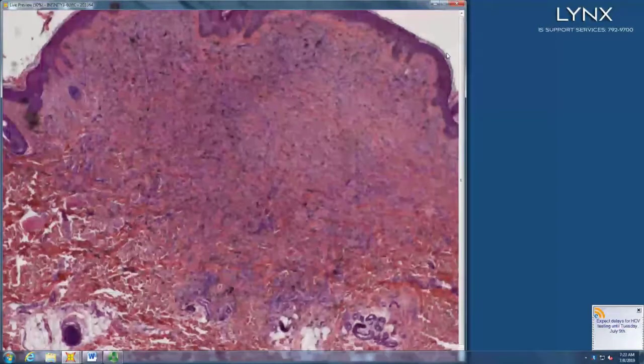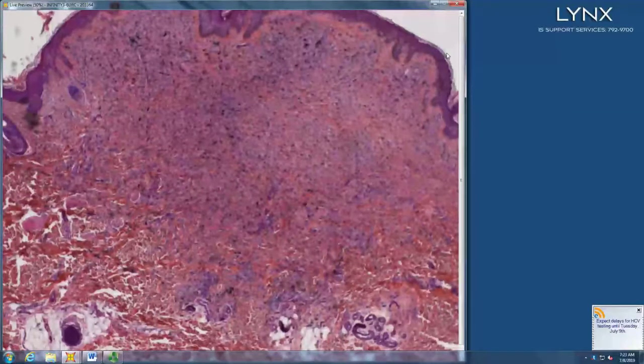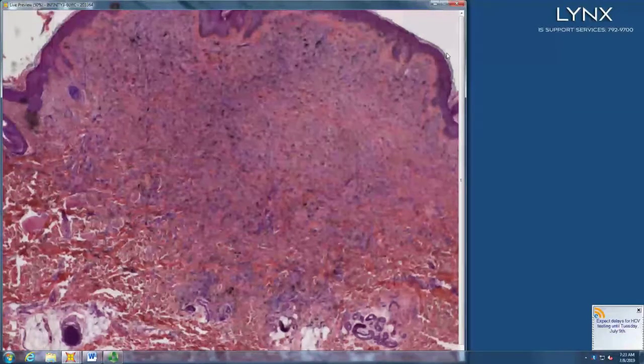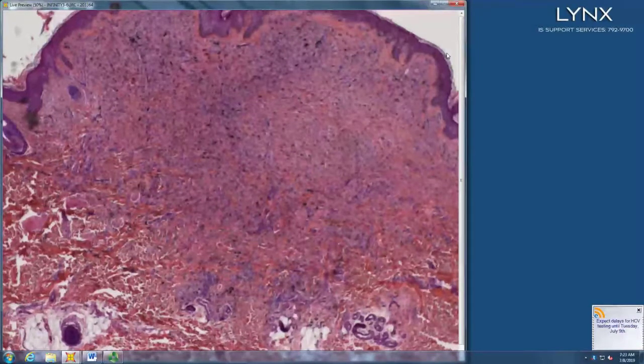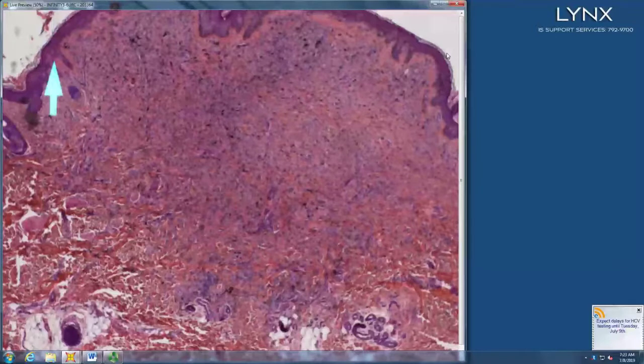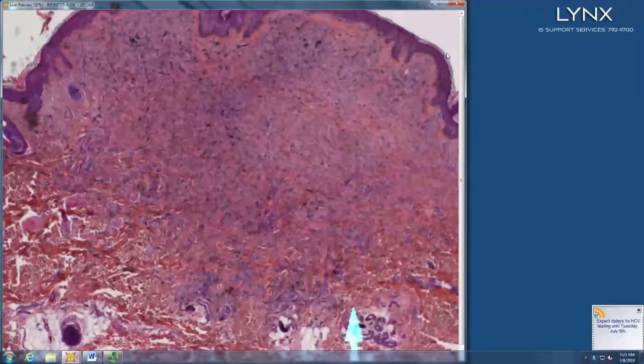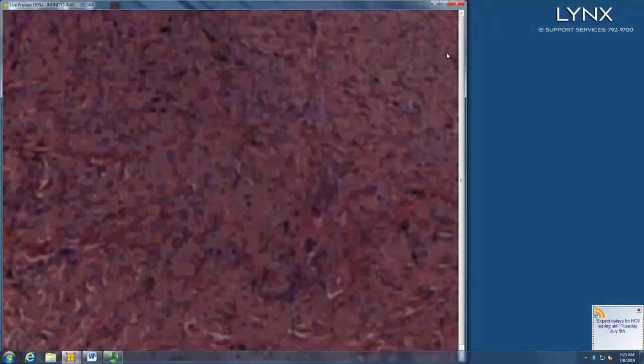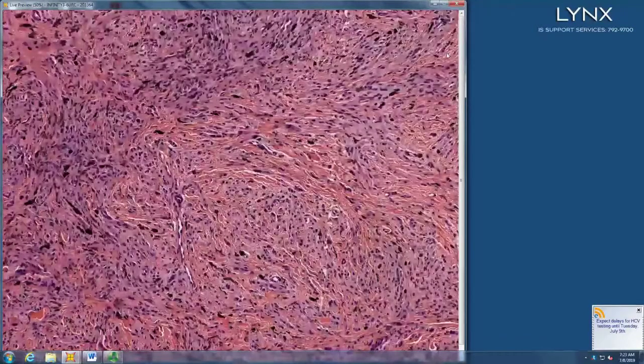You get to pass or play. Can you see nodules in the dermis? So very good. So a nodular dermal infiltrate, and maybe somewhat wedge-shaped. Do you see melanocytes? Yep.